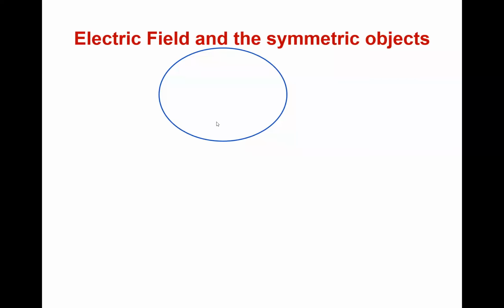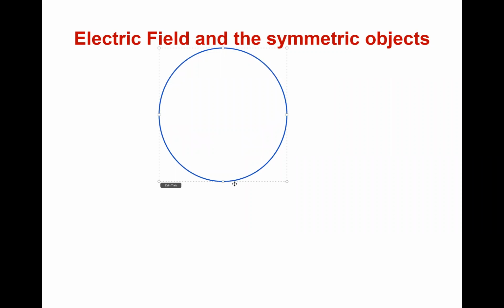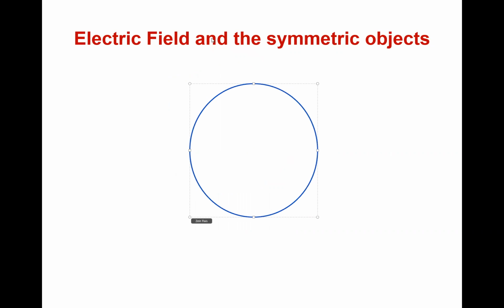We have this line charged positively with a charge density lambda.